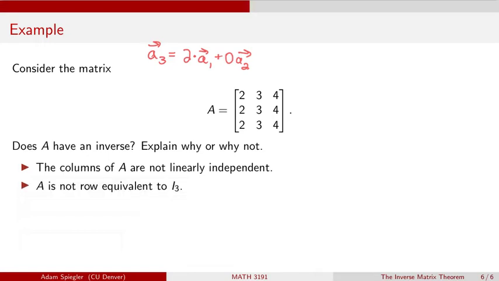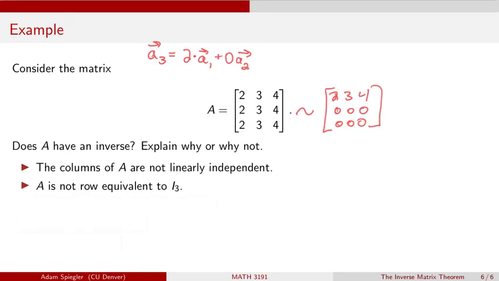We could pick another statement such as, okay, if we can show that A is not row equivalent to I3, then that would be enough to also show that A does not have an inverse. And if we perform two row replacement operations on matrix A, namely replace row 2 with row 2 minus row 1, we would get zeros. Doing the same replacement on row 3 would give us zeros.